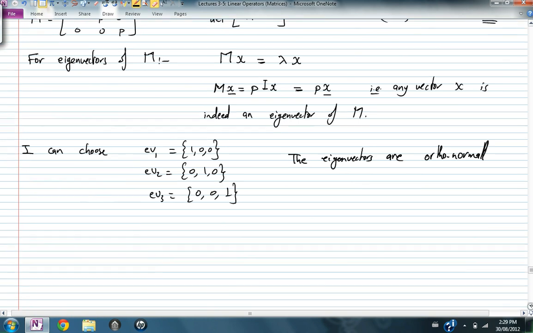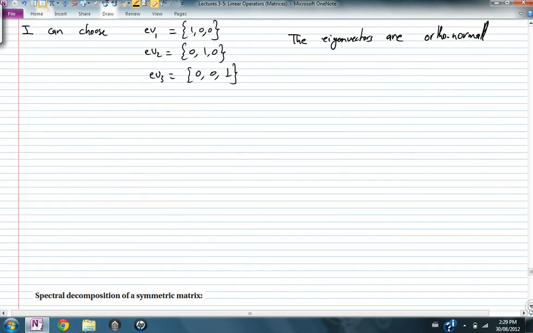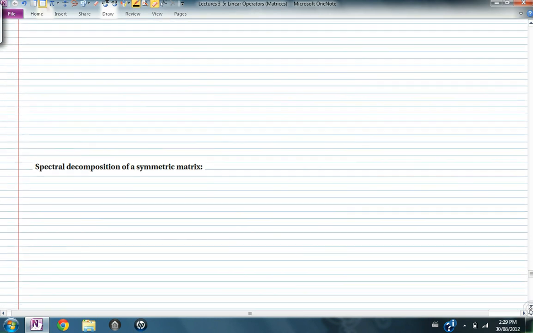The next thing here is the spectral decomposition of a symmetric matrix.